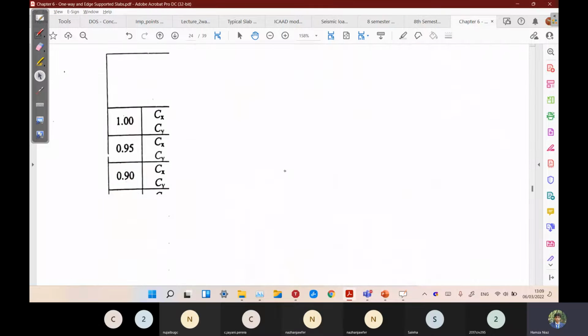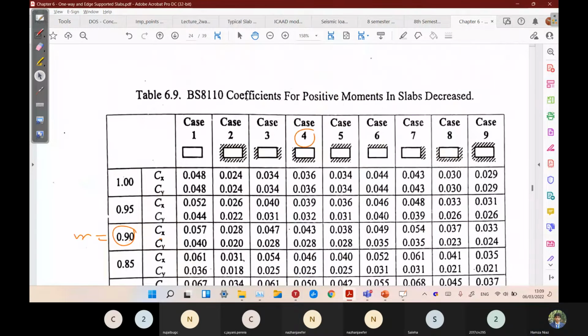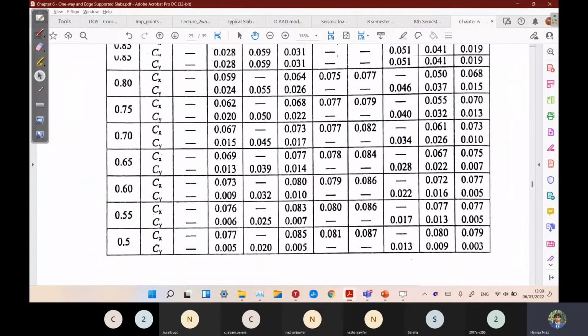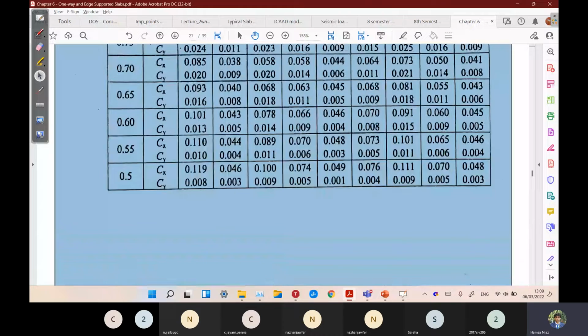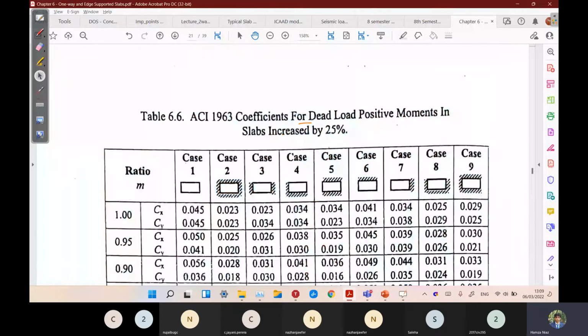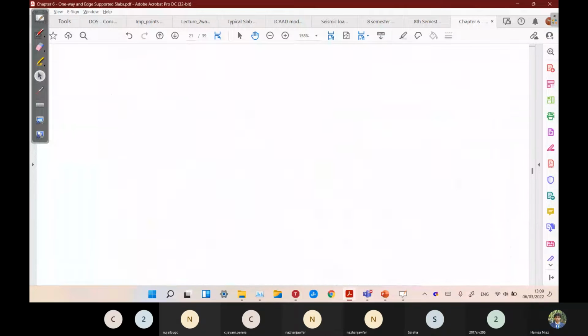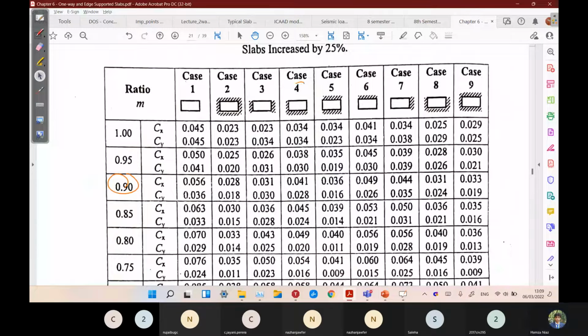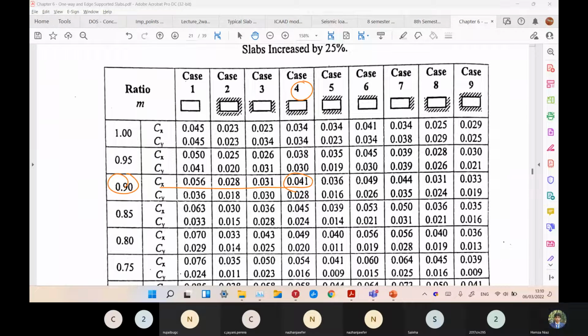This table is for British coefficients, sorry. You have to use the ACI tables. This one is ACI, for dead loads. So for 0.9 and case 4, we can get Cx dead load as 0.041.